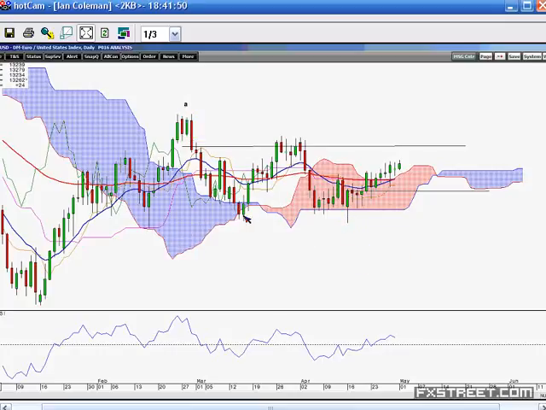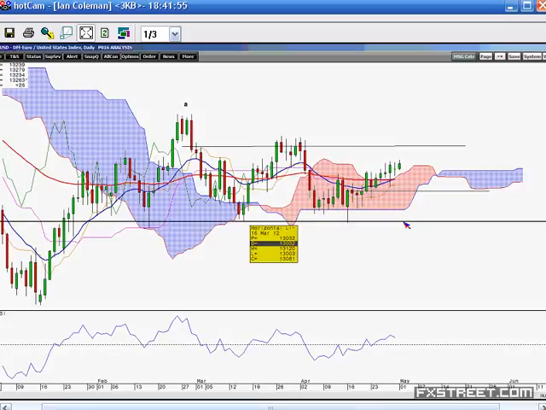AB should equal CD, and it has done enough to warrant that. The low here was 03, and the low here I think was 95. Yeah, 95, so it got 8 pips lower. As far as wave patterns are concerned, that was enough.